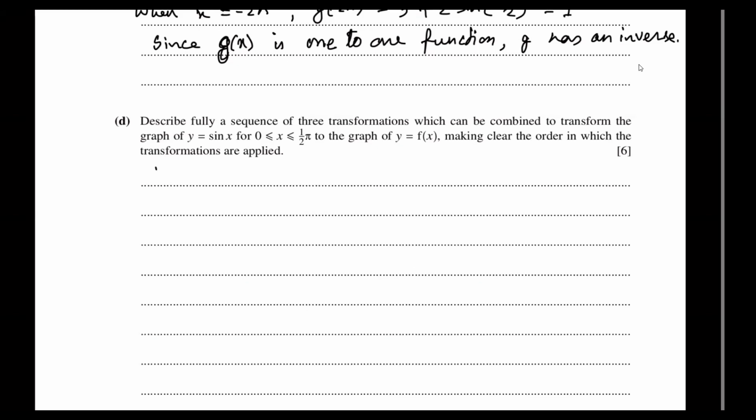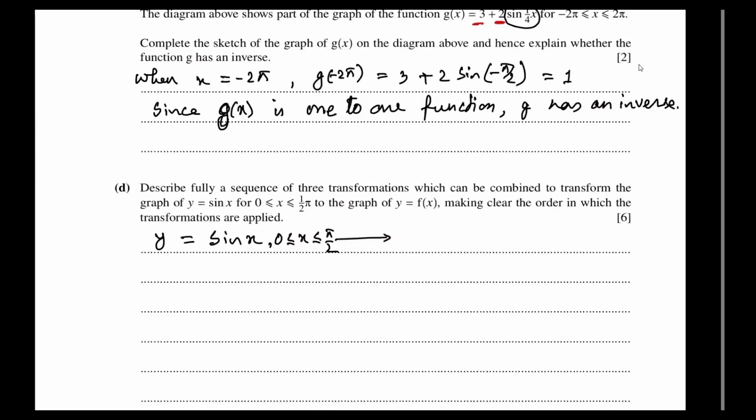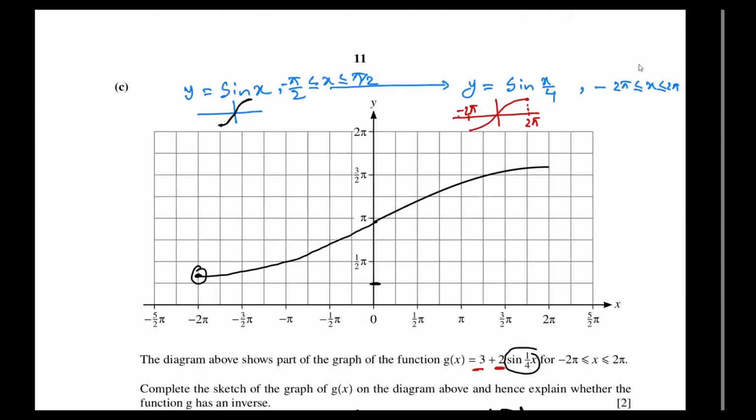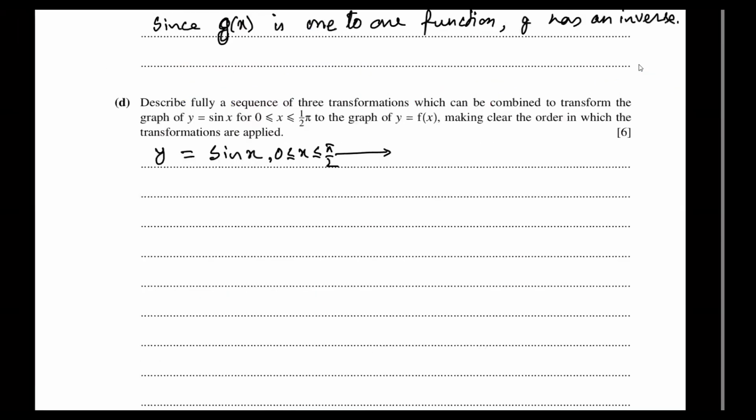If you compare the curve, what is happening here? y equals sine x, which has a domain of 0 to pi by 2 inclusive, will convert to y equals f(x), which is 3 plus 2 sine x by 4, and the domain is 0 to 2 pi inclusive.